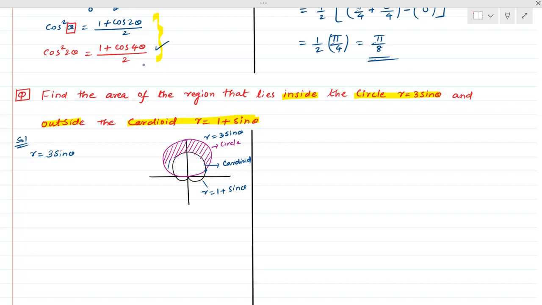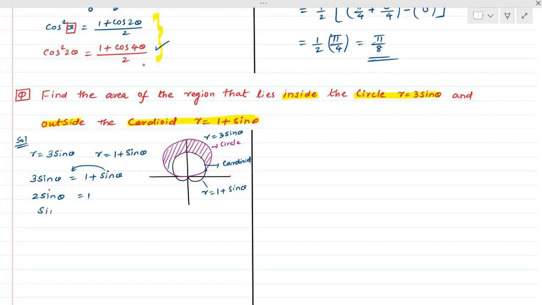Since both are r, I will equate the equations. So you will get 3 sine theta equal 1 plus sine theta. If you simplify this, 3 sine theta minus sine theta becomes 2 sine theta equal 1.